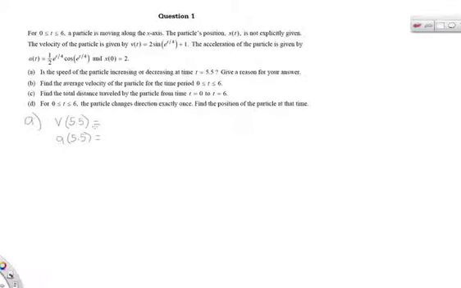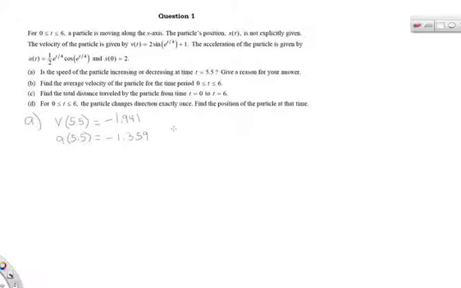So I've already put in my calculator. So I'm going to go to the table. I'm going to plug in 5.5 for both. And velocity is negative 1.941 and negative 1.359.